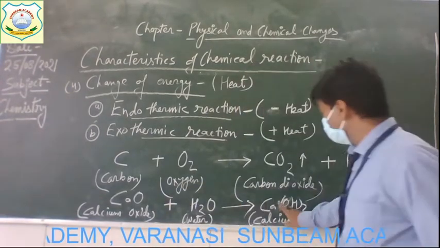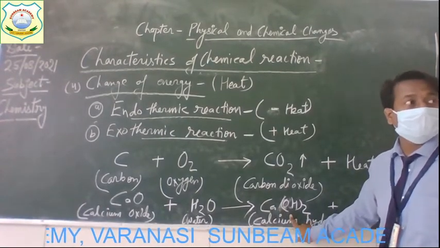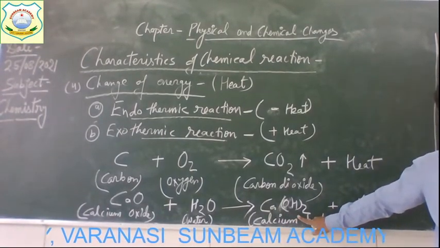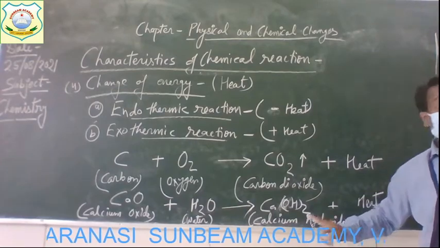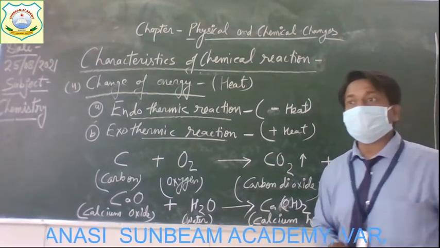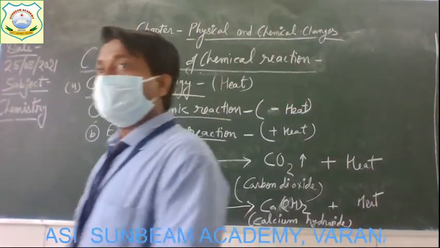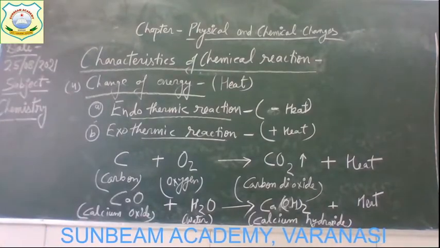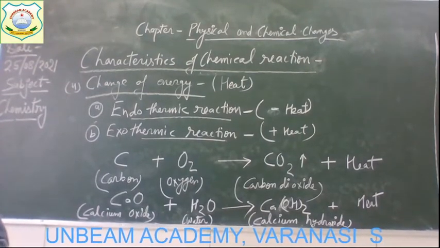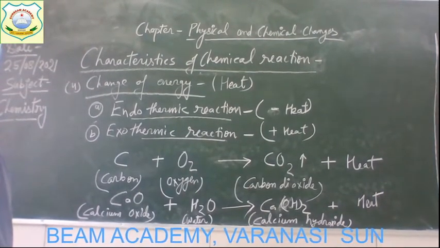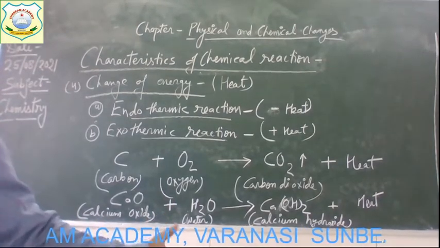So what is going to produce? Lime water. This is lime water, that is calcium hydroxide. Okay, calcium hydroxide is what? Lime water. The common name is lime water, and the chemical name is calcium hydroxide.